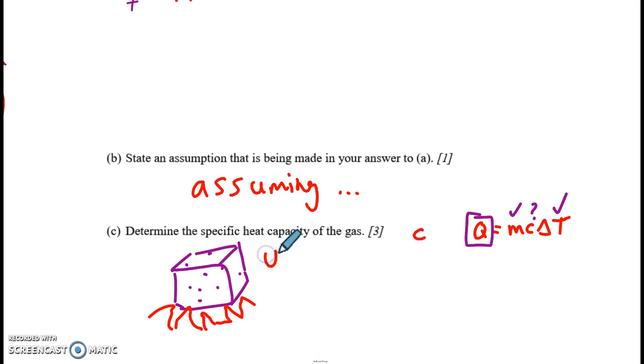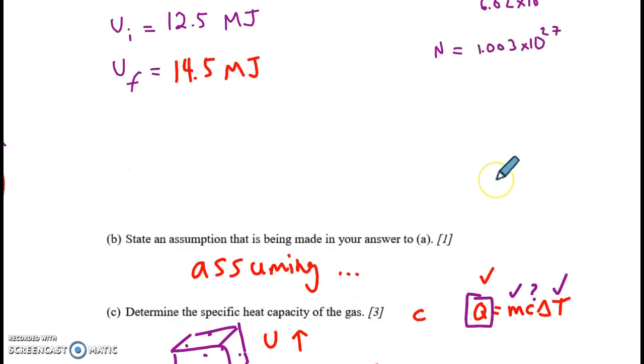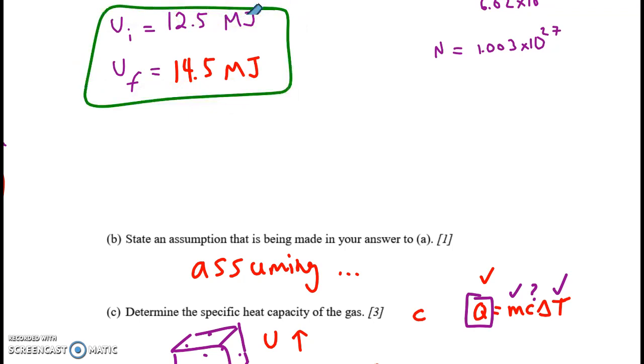The amount of energy you have, U, is going up. So the amount that U changes, the increase, is simply equal to the heat that is added from the heater, the flame, whatever it may be. So I do know Q. It is simply the difference between my two U values.